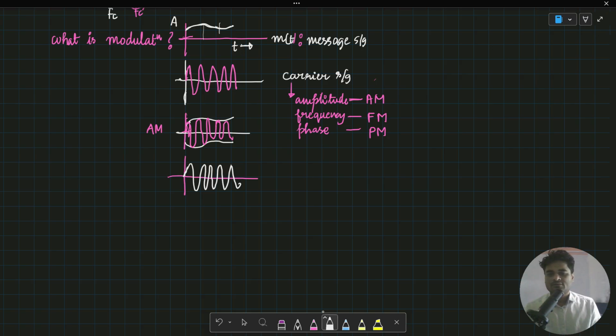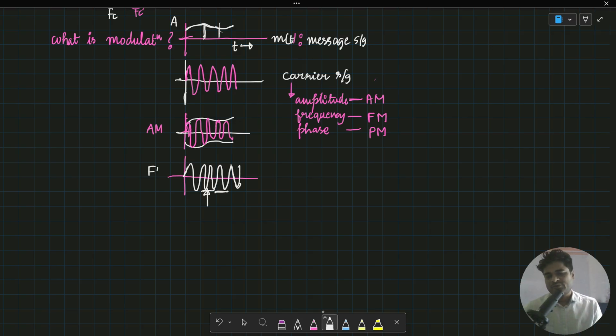So you can see that this is where frequency gets higher because amplitude is higher at this point, and at this point amplitude is lower. That's why frequency gets smaller. So this is in case of frequency modulation.